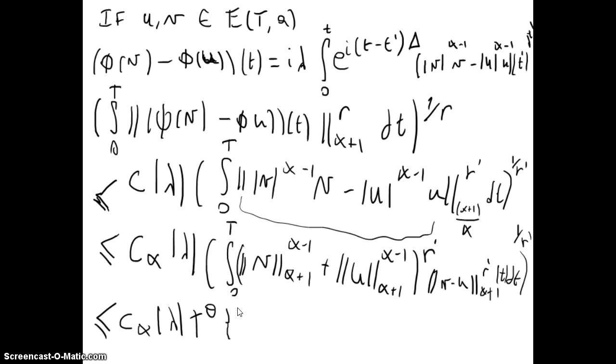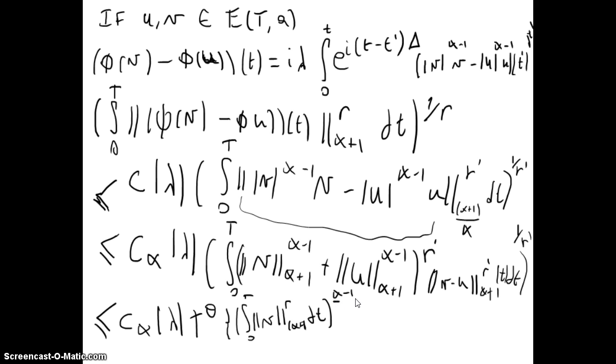Now we will have integral 0 to t of v in L^{alpha plus 1} dt, and now we change the exponent.